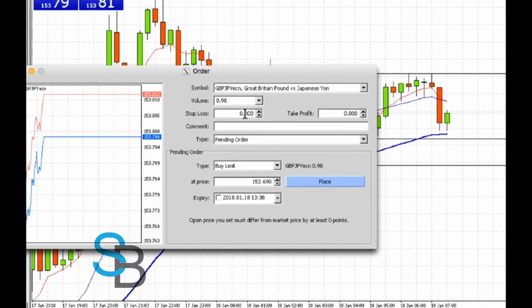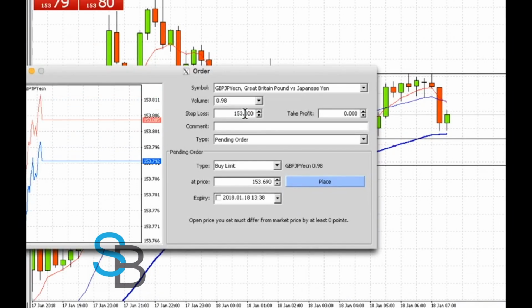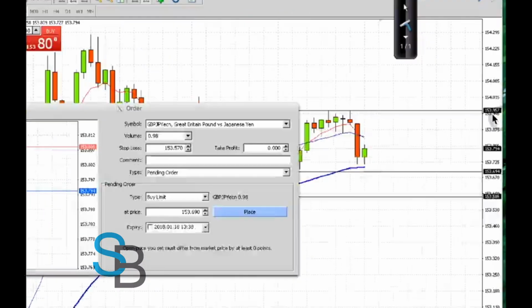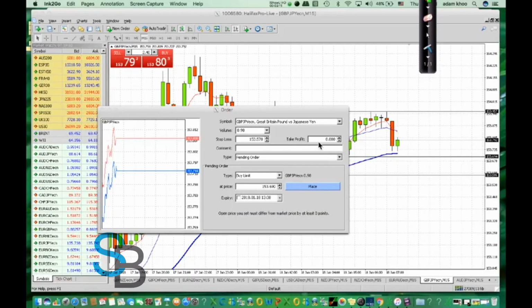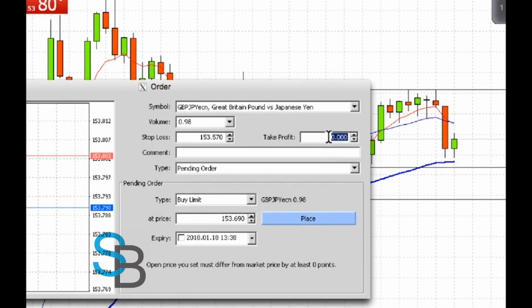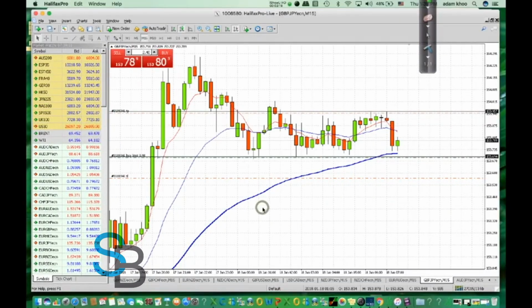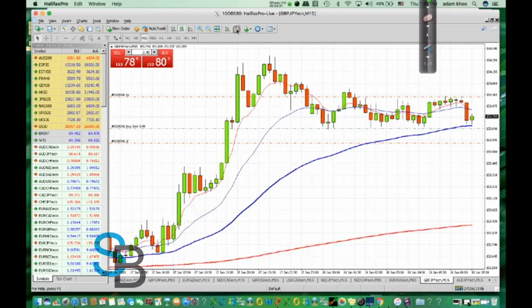And stop loss be 12 pips below, 153.57, and profit target be about 153.95. Okay, so there you go.